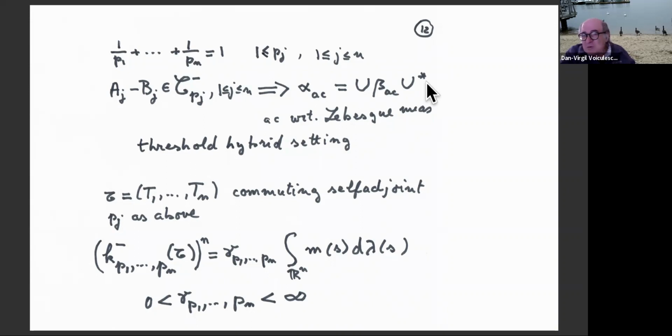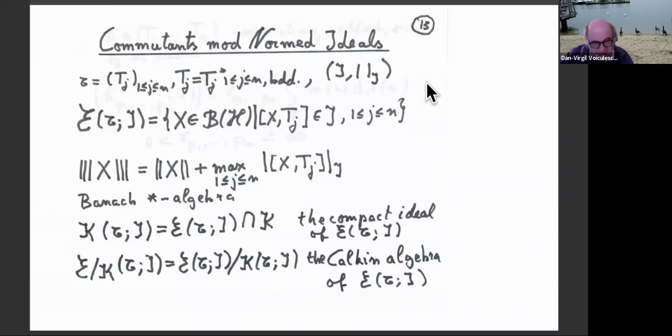Now here, you have to use singular integrals of mixed homogeneity. That's the difficulty. And there are a number of additional difficulties to prove that this number gamma is positive.